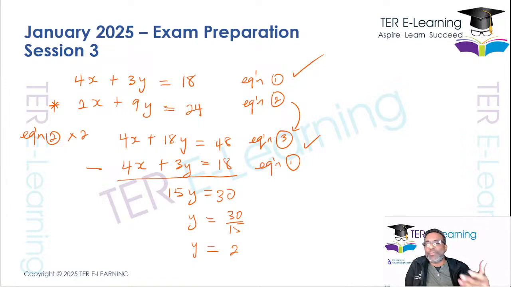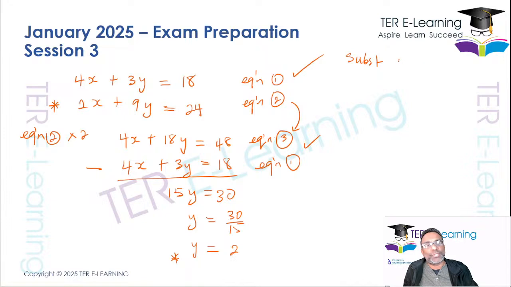Now, CSEC doesn't force us and tell us what particular method to use. They don't do that. So you can use substitution, you can use elimination, doesn't really matter. So what I'm going to do now, I'm going to take this value for y, and I'm going to substitute it into any one of the equations. Let's use 1.